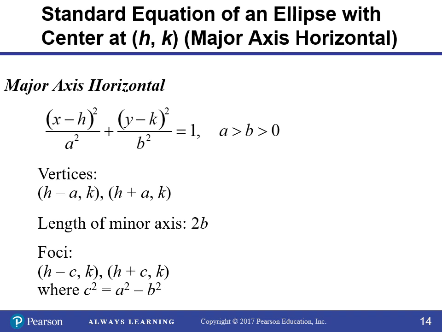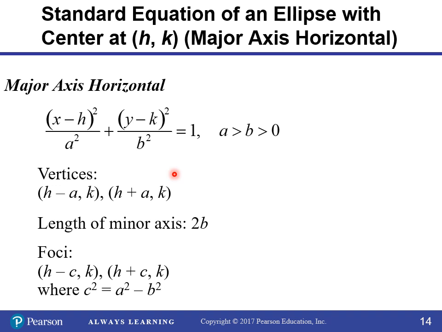So the standard equation of an ellipse with center at (h, k) and a horizontal major axis looks like this. You can see here, like several of the other equations we've had where the center is other than the origin, we always subtract h and k from our x or our y inside the parentheses, and of course because we're squaring it, that stays the same.